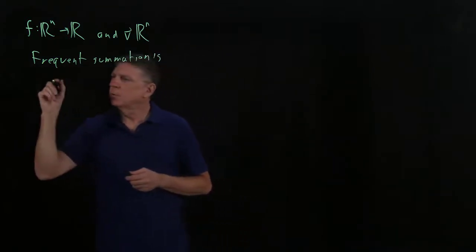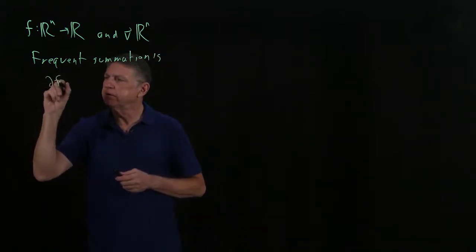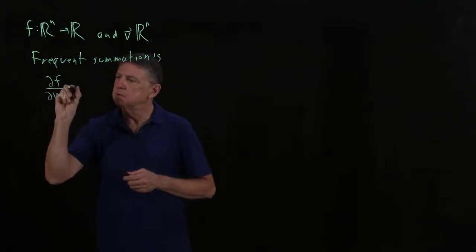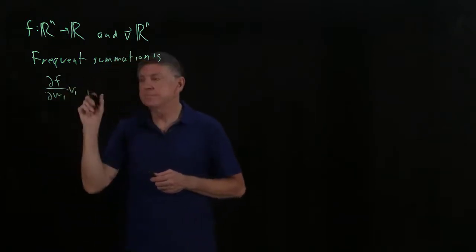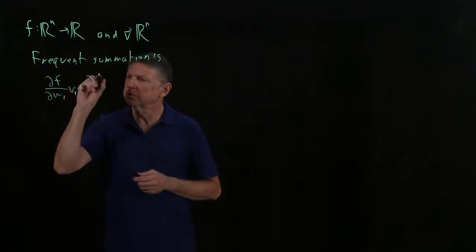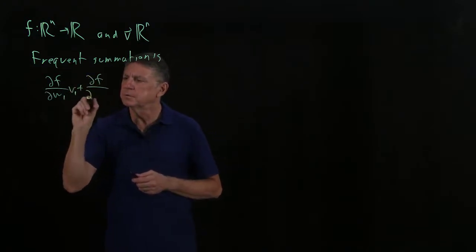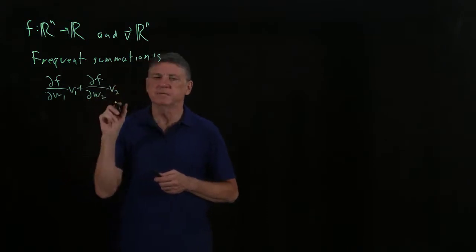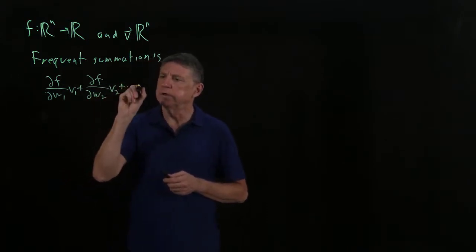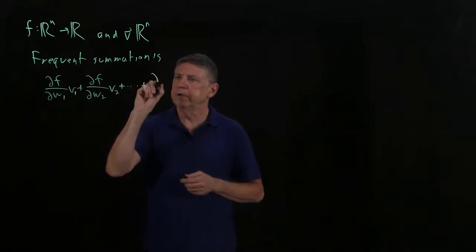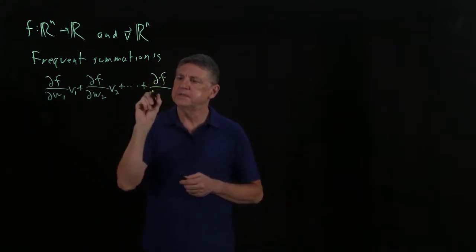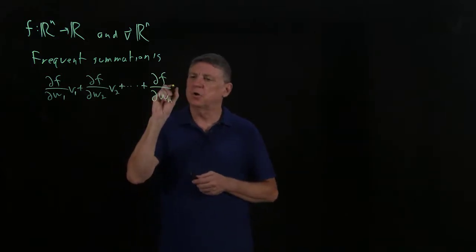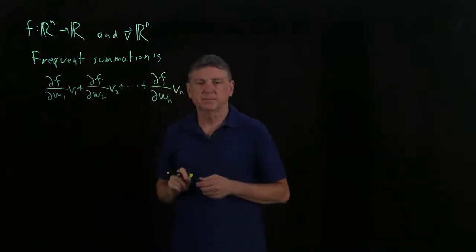is this. We'll often see the partial derivative of the function with respect to the first variable times the first entry of the vector v, plus the partial derivative of the function with respect to the second variable times the second entry of v, and so on until we have represented all of the variables of the function and all of the entries of the vector.